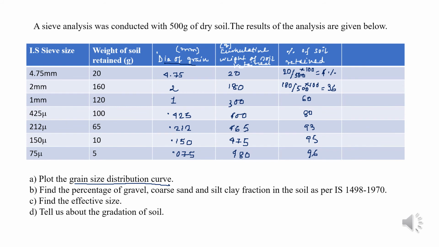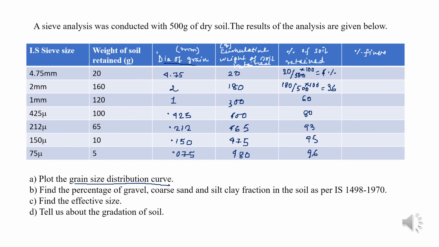Right, so let us calculate now our percent finer. So our percent finer is basically what percentage of soil has passed that particular sieve. Right, so when 4% of the soil is retained, that means our 100 minus 4% has passed through that sieve.